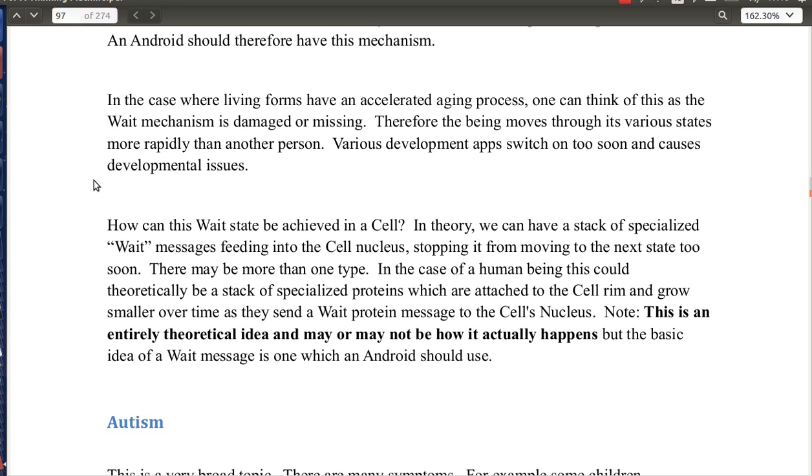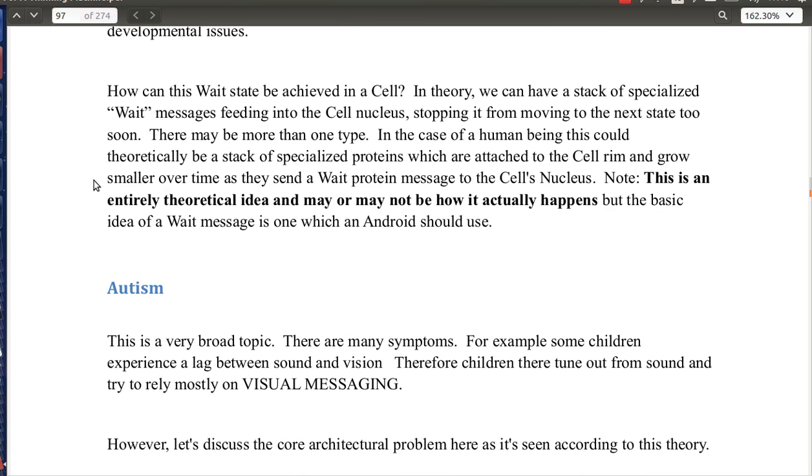But the bottom line is, a cell does need to implement some form of a timer, in order to know when to move from one state to another. That's the idea of these wait states. So in very general terms, if we're going to implement an Android, we're going to need to implement some kind of wait states in the untyped and typed actors that are going to be generated.